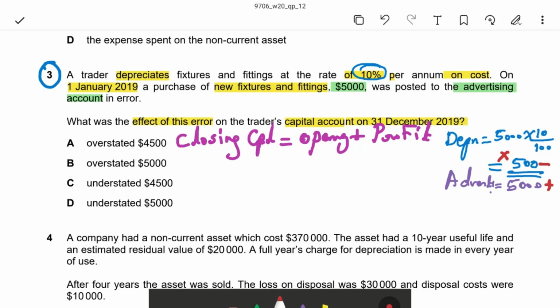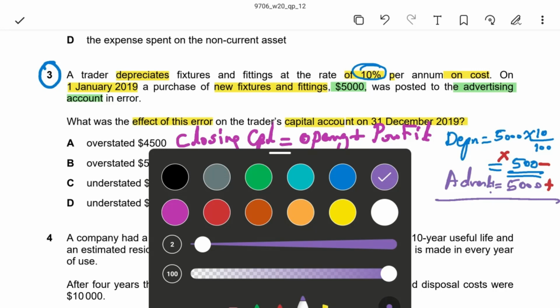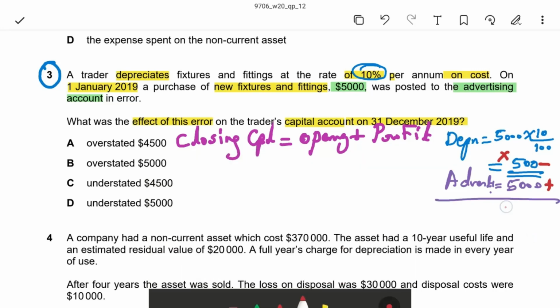So what is the net effect? The net effect in the income statement is 4,500 more in expense.